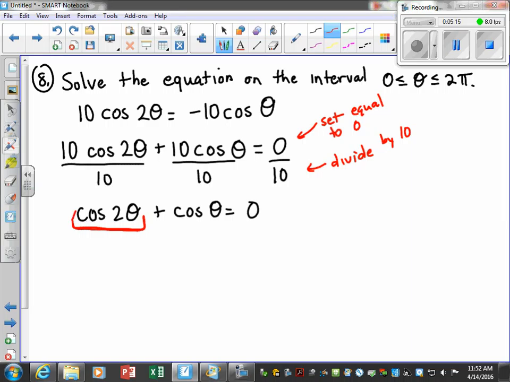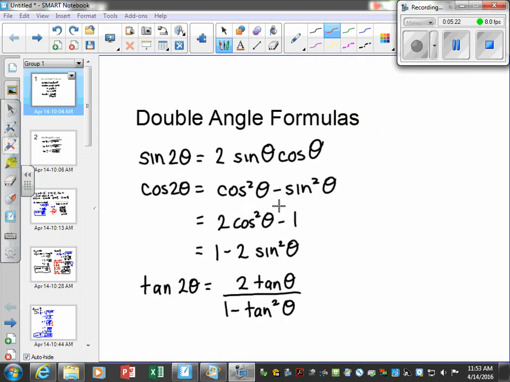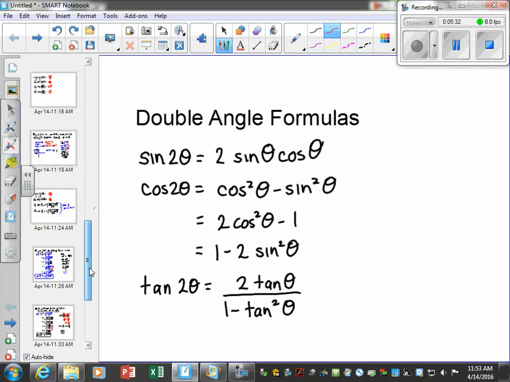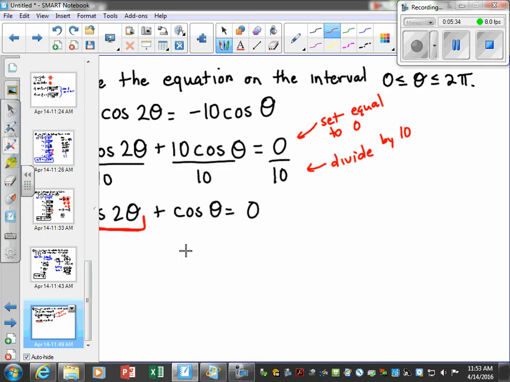Now let's go back to our page where we have our formulas and decide which one's going to be best. Okay, so I have the option of a cosine squared and a sine squared. This has just the cosine, and this one has just the sine. Now if I flip back to what we're working with, I want to have them all in the same trig function.